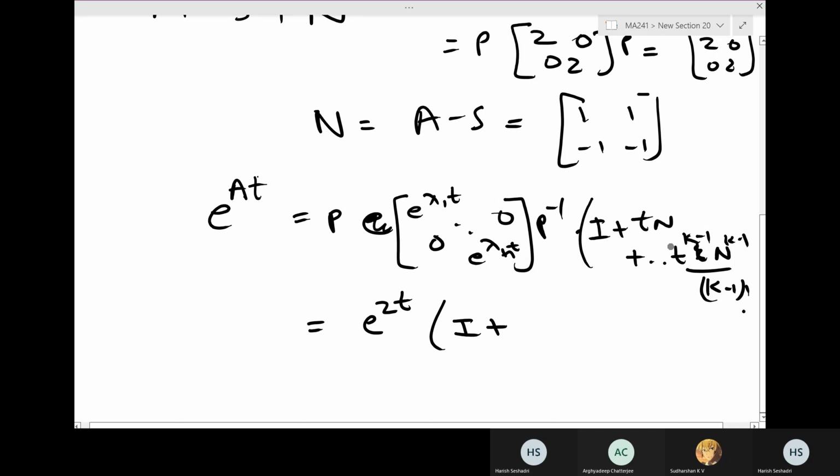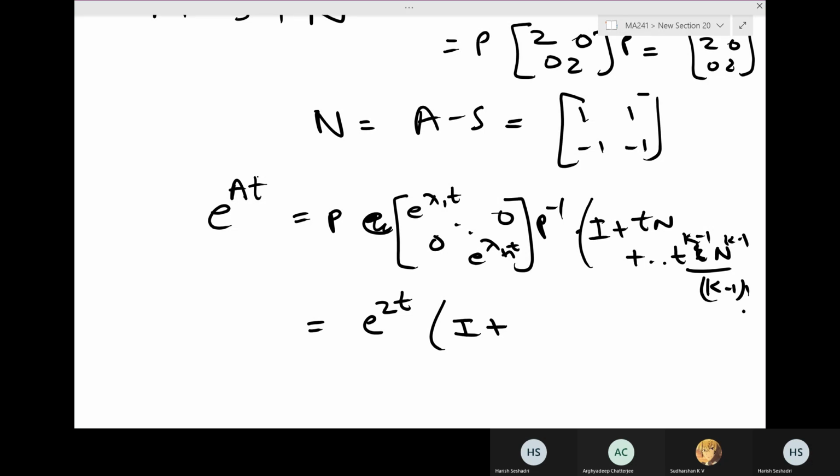Now this index of nilpotence we don't know beforehand. One just has to try. Once you get the nilpotent matrix, you just keep on taking its powers. We know that before or equal to n, we'll get 0. So in this case, n is 2.